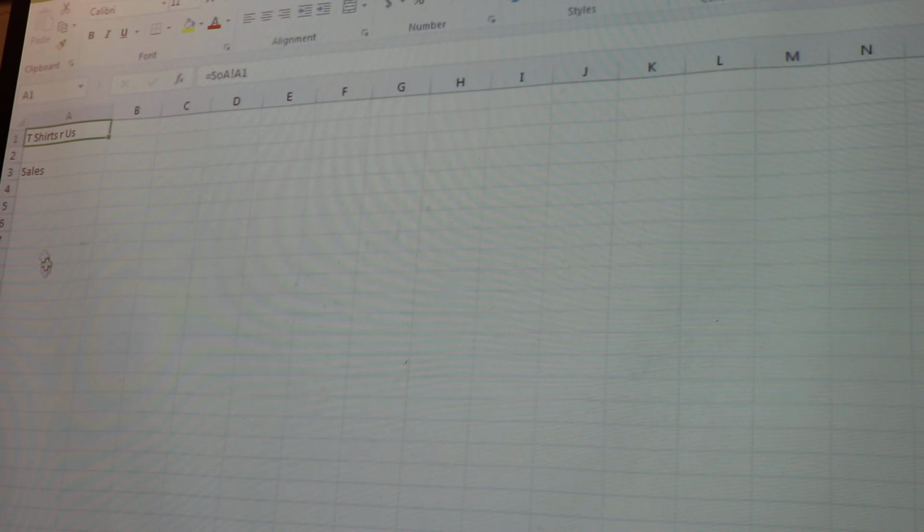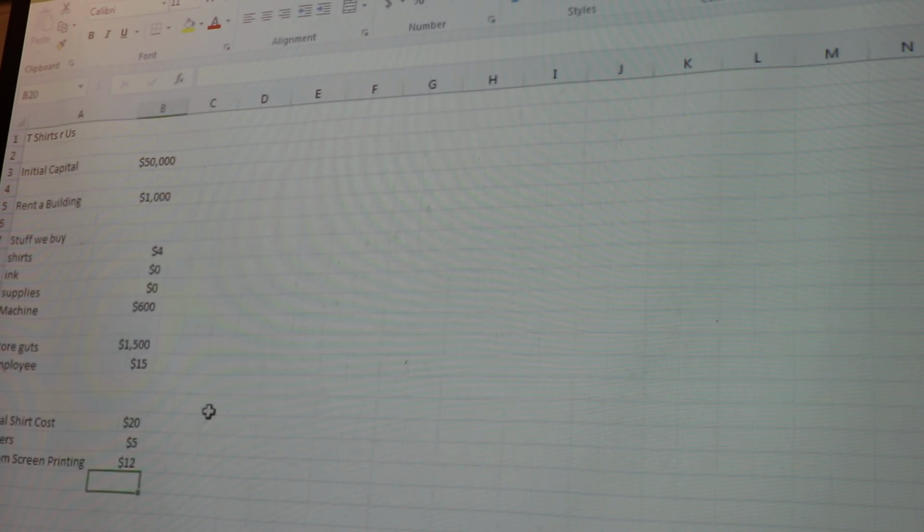All right? So we have sales. Well, I said we don't want to put a number in sales. And we really don't want to put any numbers at all in here. So we go back to our statement of assumptions. And when we say sales, what we mean is selling shirts, stickers, and custom screen printing, right?